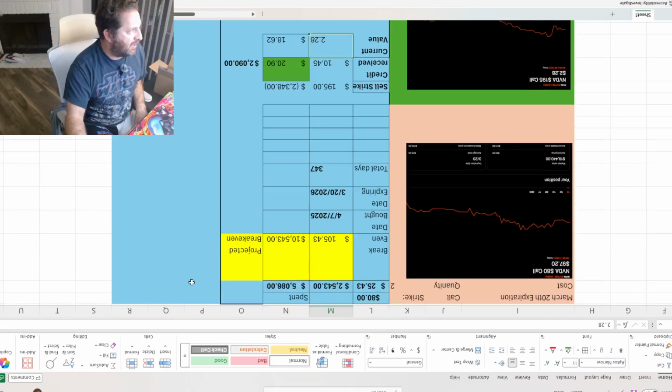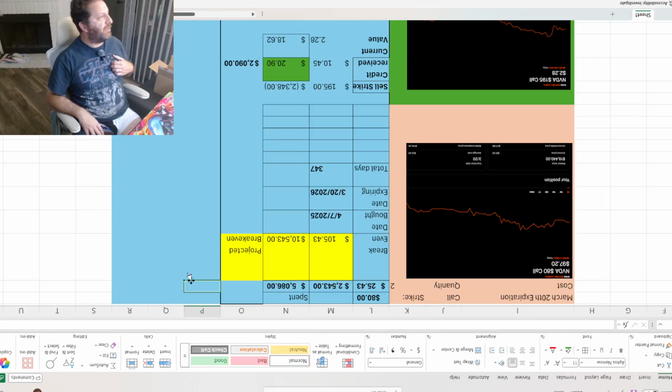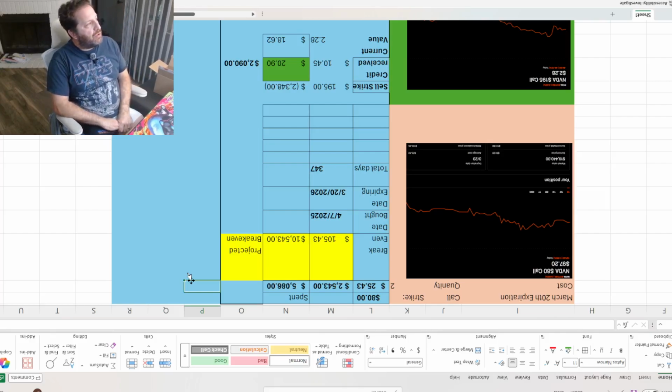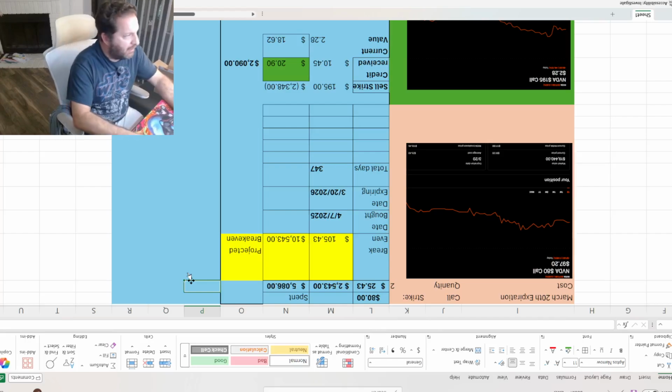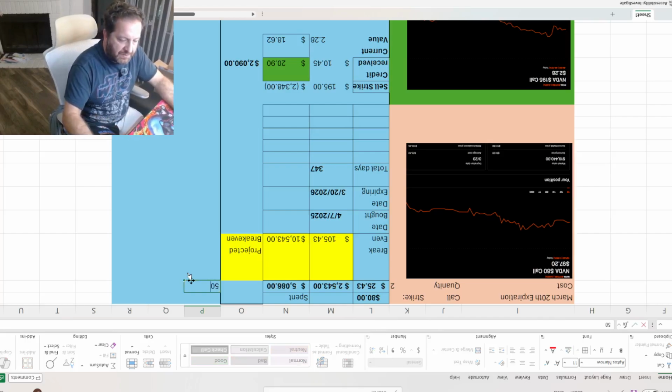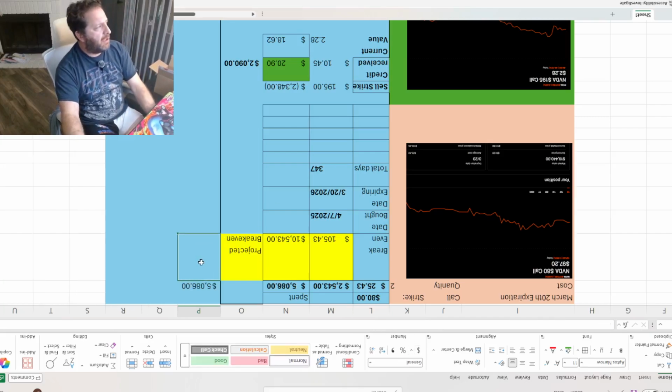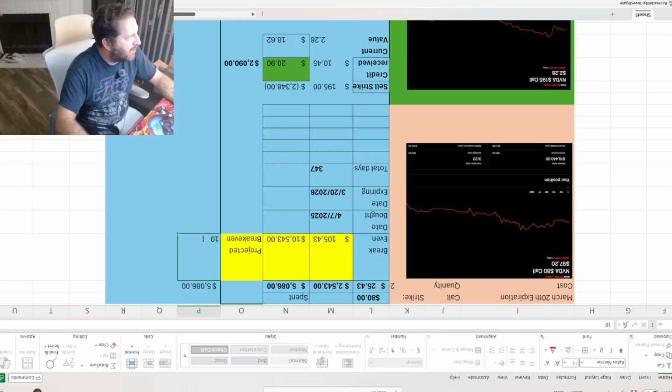Yeah, this is where this side comes in handy. Okay, perfect. So you paid a price for something, and it was 5086. Okay. And the break even is 10. I'm just going to transcribe all these over here.